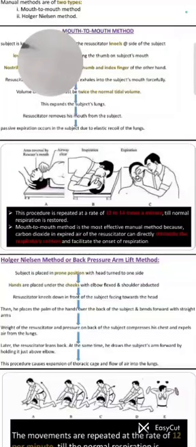The mouth-to-mouth method is the most effective manual method because the resuscitator is exhaling a larger amount of carbon dioxide, so that chemical reactions occur. The increased carbon dioxide in the blood mixes with water and forms carbonic acid, which is unstable. It dissociates into bicarbonate and hydrogen ions. So the increase in the carbon dioxide level in the blood increases the hydrogen ion concentration.